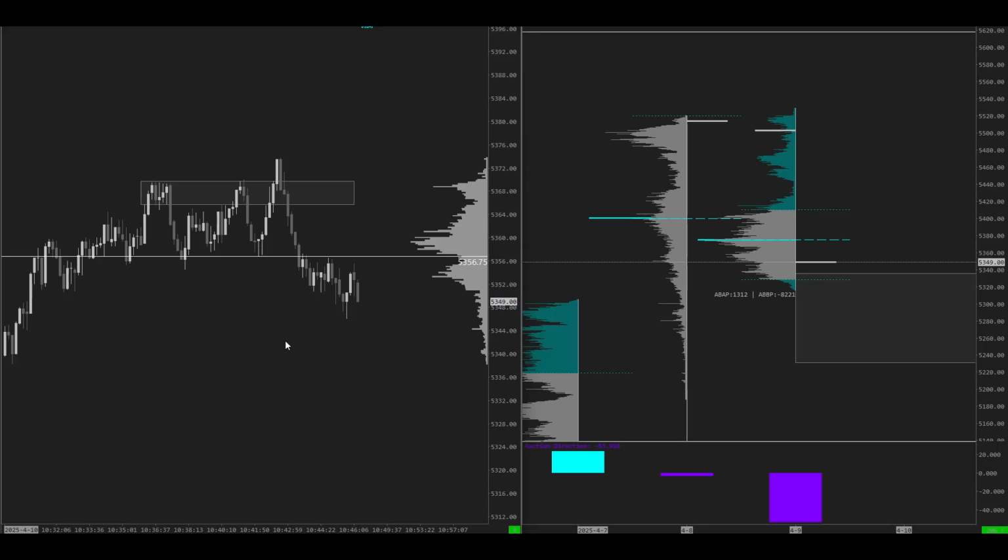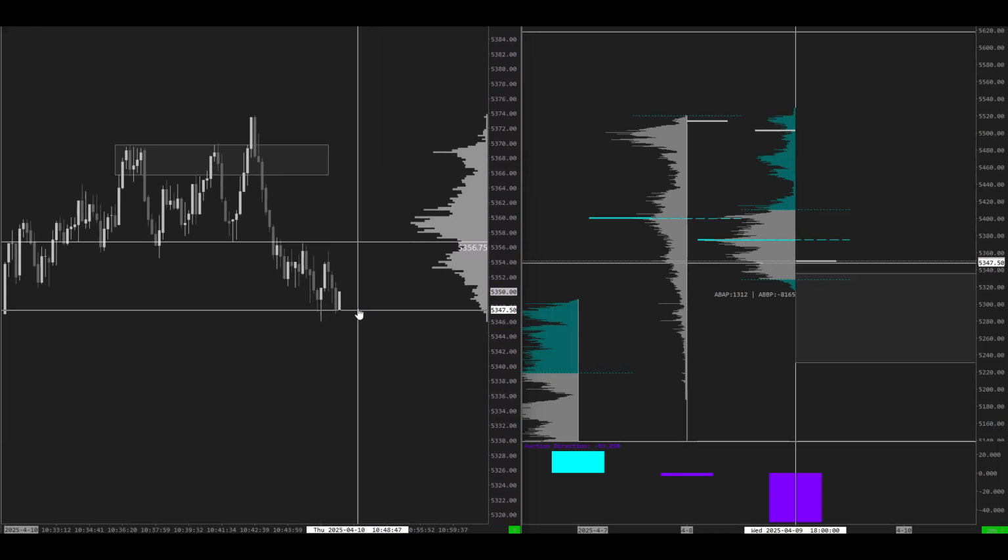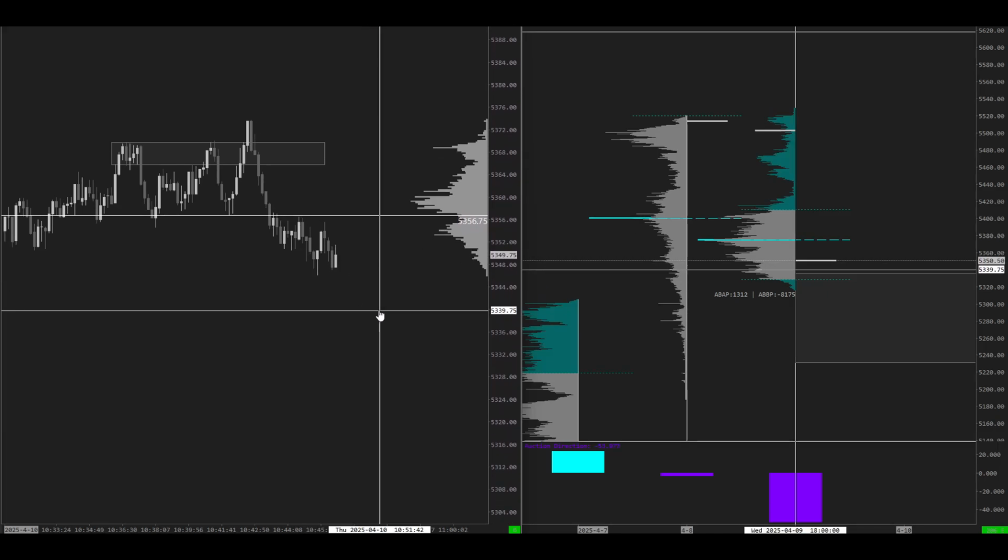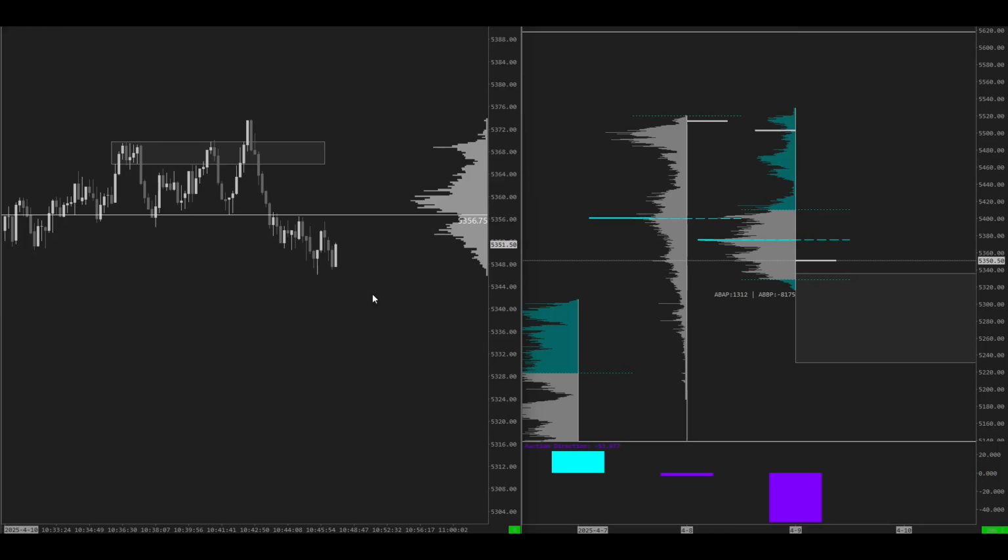But yeah, it's definitely showing signs that it's going to do what I was talking about in the first part of the video earlier. Showing signs that it wants to flush this auction and test lower prices down here. I think there's a high probability that it's going to do it. It's just taken forever. We're past the initial balance now.